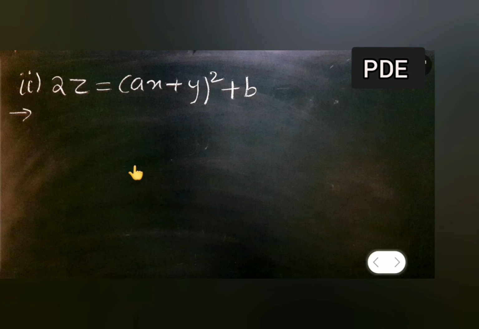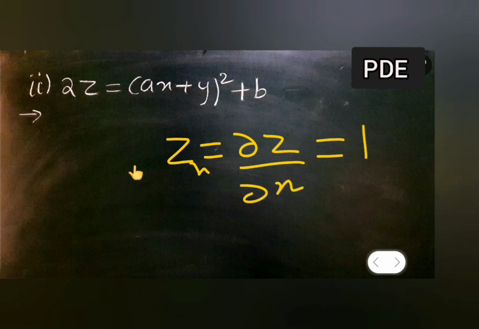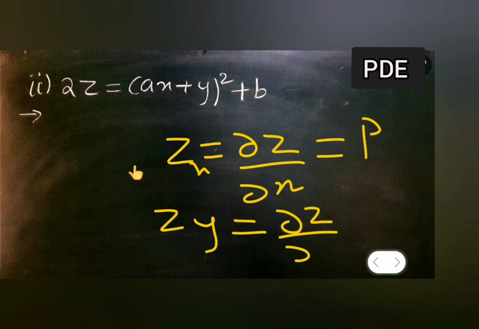Now we are going to do the second one. Here it is the same thing. If I differentiate this z with respect to x, what I am going to get is ∂z/∂x is equal to p, and if I differentiate this z with respect to y, I am going to get q, right?